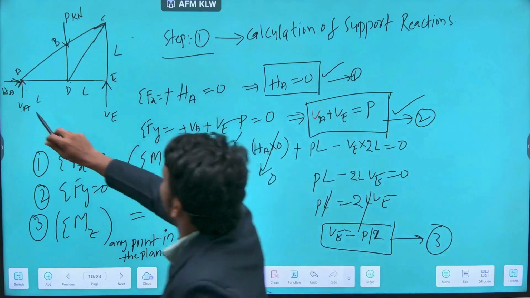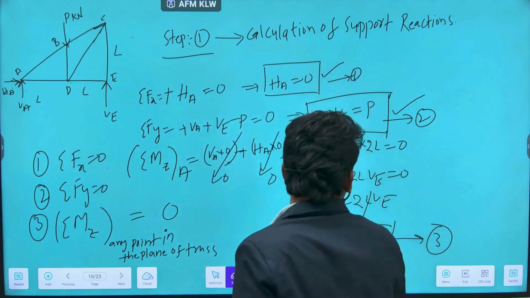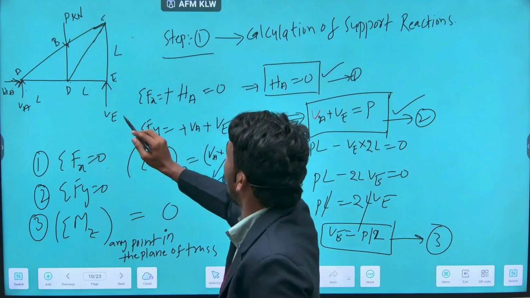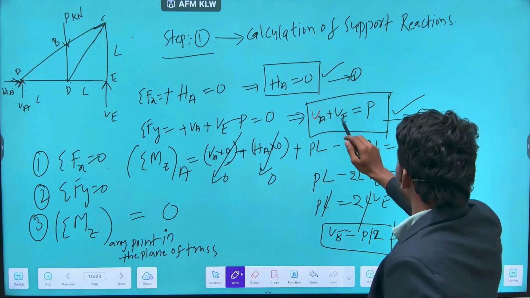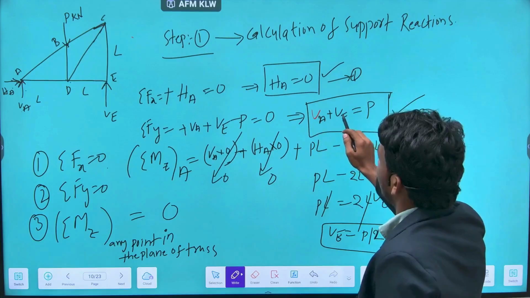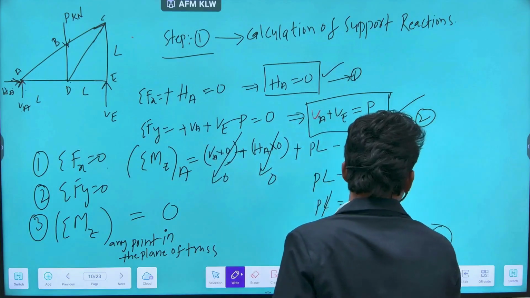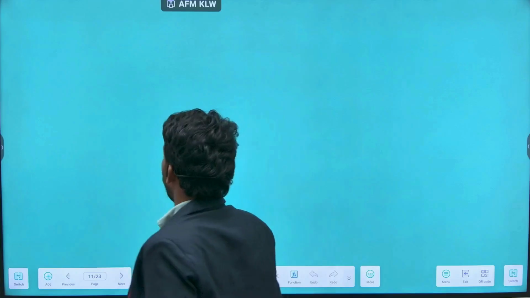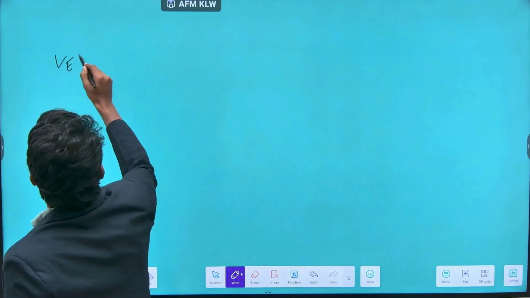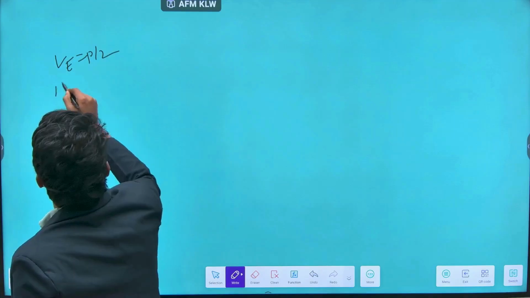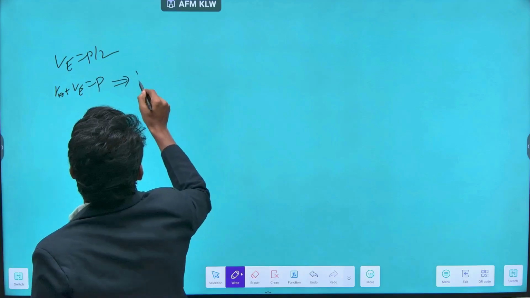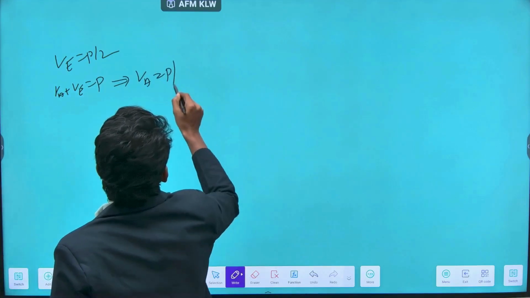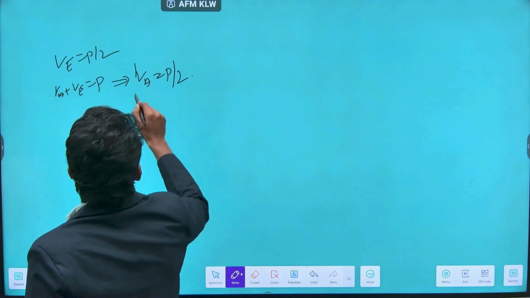So we have got this support reaction, that is HA equals 0. Now again we have got VE equals P by 2. So we know that VA plus VE equals P. So VE equals P by 2 and VA plus VE equals P implies VA is also equal to P by 2.